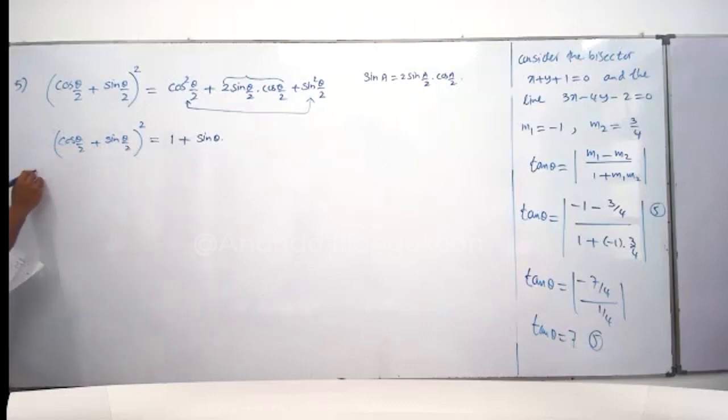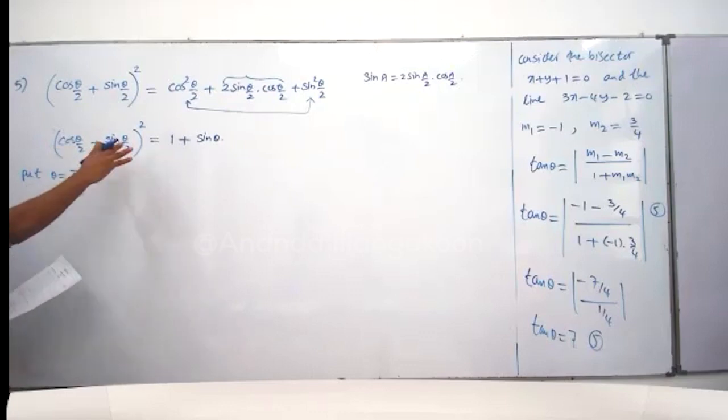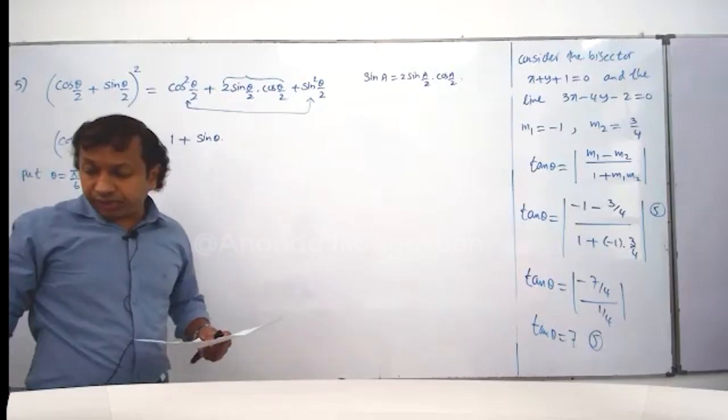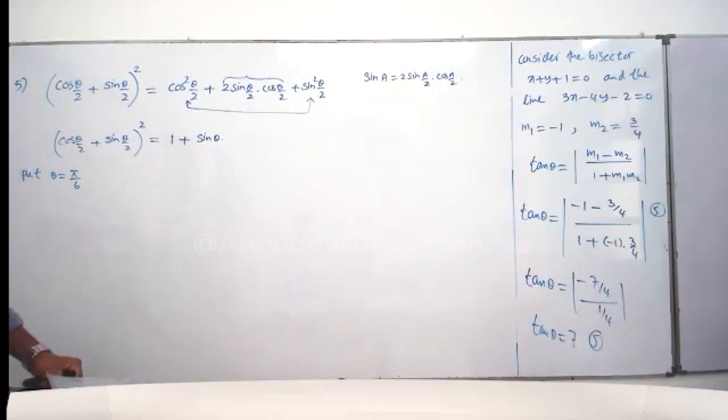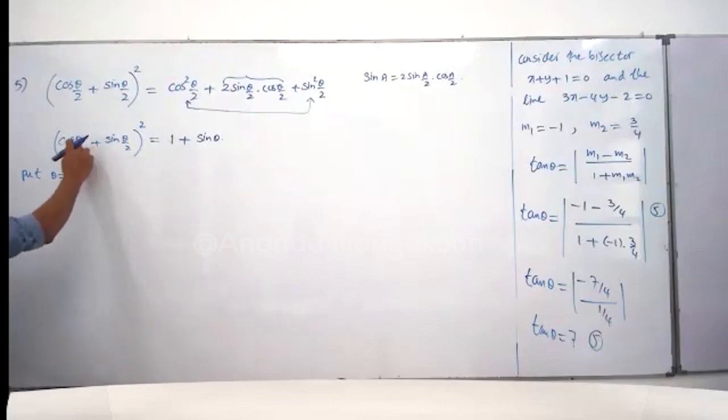Put here theta equals pi by 6, both sides, because this is an identity, no? This is an identity. So, for any value of theta, left hand side and right hand side are equal. Right, put theta pi by 6. Put here pi by 6 by 2, which means pi by 12 will come in.